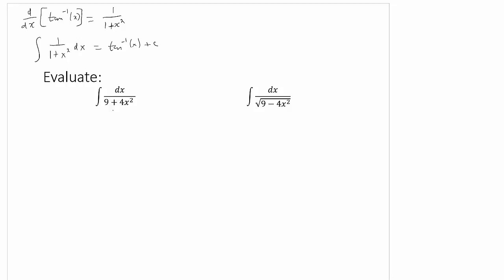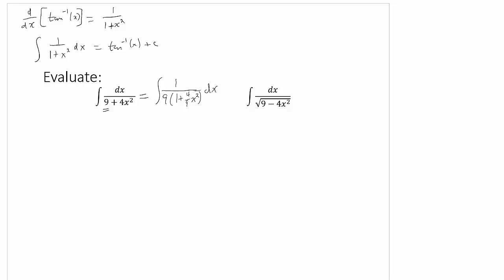Here's what I'm going to do. Instead of that term being a 9, I want it to be a 1, and to do that, I'm going to use some factoring. This is the same as 1 over 9 times 1 plus 4/9 x squared, still dx.